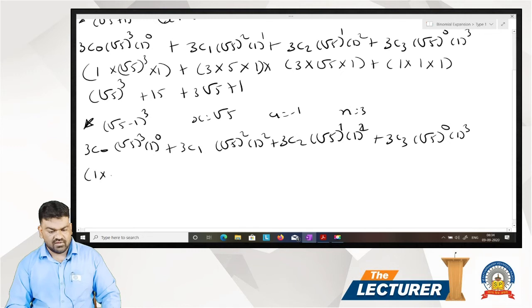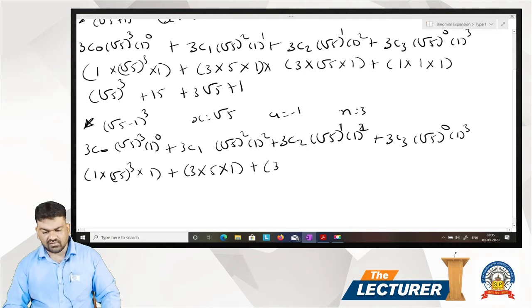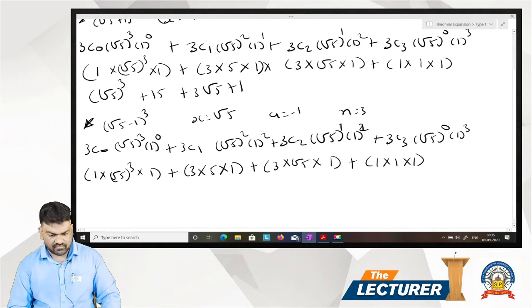3C0 is 1, root 5 raised to 3, 1 raised to 0 is 1. 3C1 is 3, root 5 squared is 5, 1 squared is 1, 3C2 is 3, root 5, 1 squared is 1, 3C1 is 3, root 5 raised to 0 is 1, 1 cubed is 1.